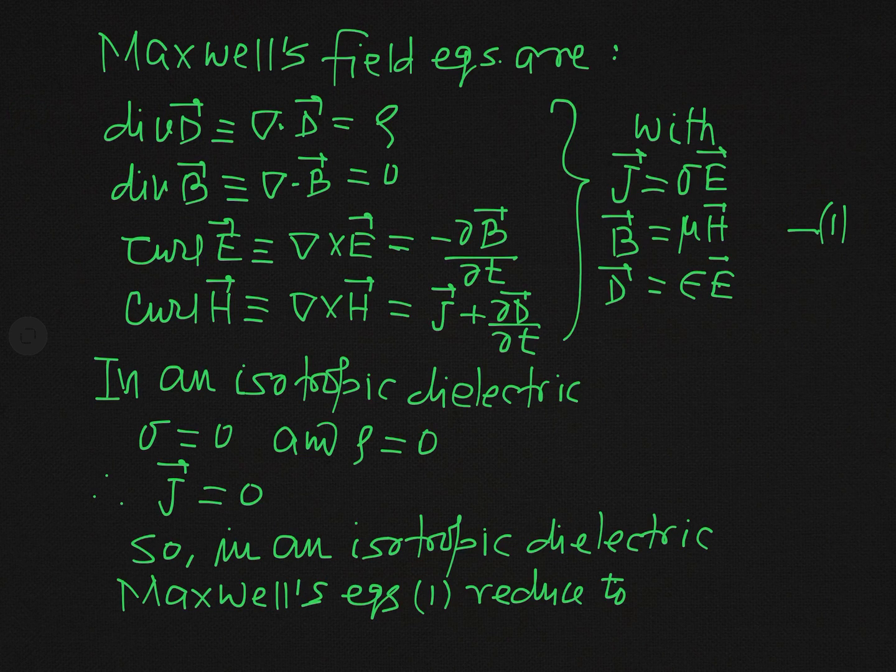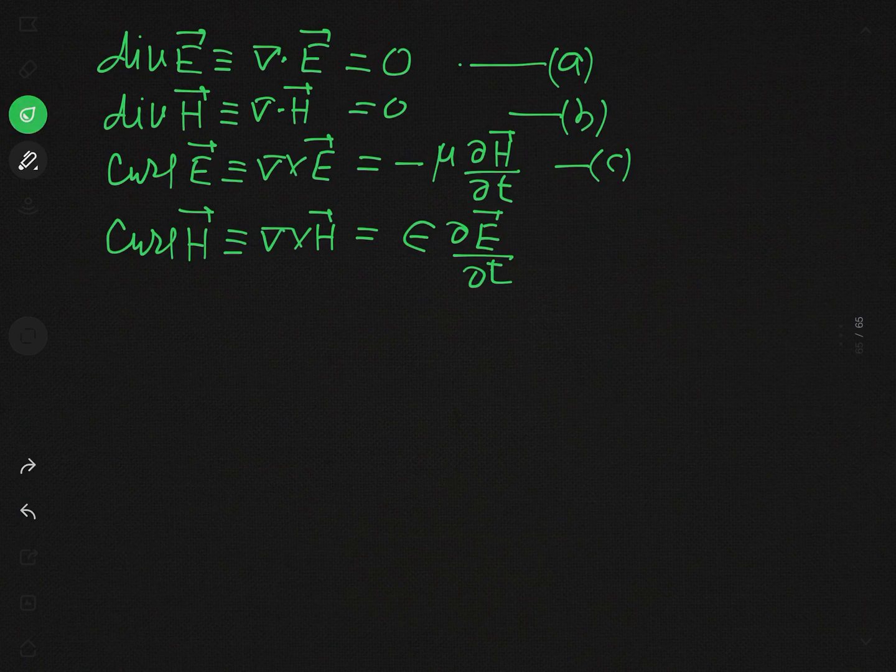And again B will be replaced by mu H and D will be replaced by epsilon E. So after this substitution, the Maxwell's field equations become like this, which I have mentioned here, and say this is equation 2. So Maxwell's field equations in isotropic dielectric are given as divergence E equal to 0, divergence H equal to 0, curl E equal to minus mu del H by del t, and curl H equal to epsilon del E by del t.